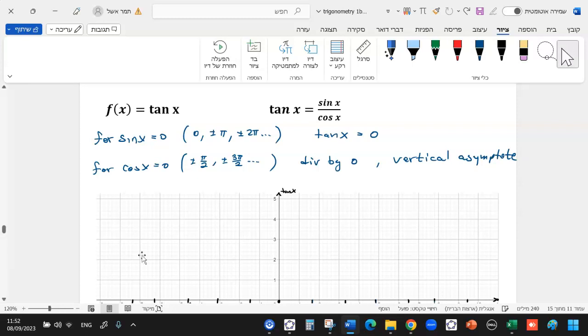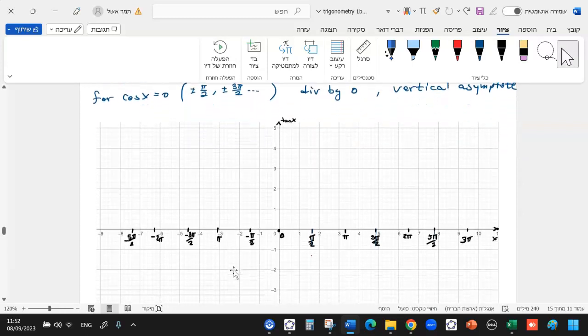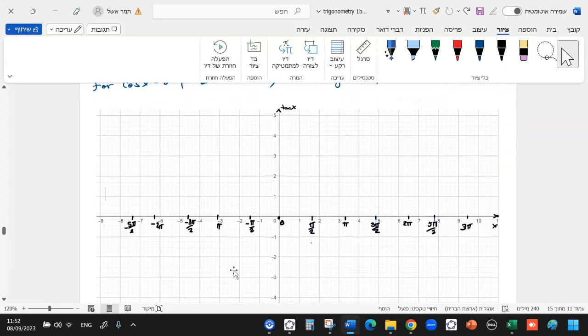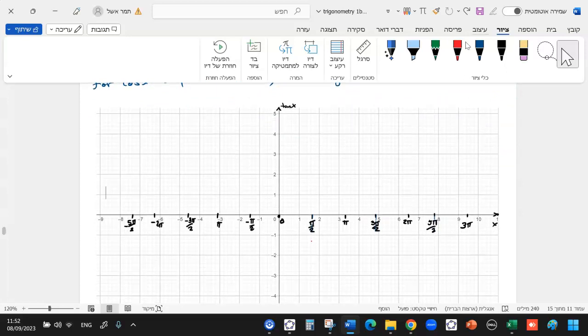Let's mark these points on the graph. We have 0 where sine is 0. And we have vertical asymptotes for pi over 2, 3 pi over 2, and so on.